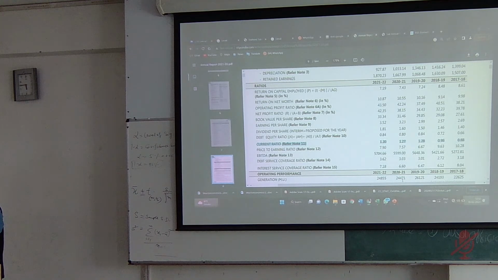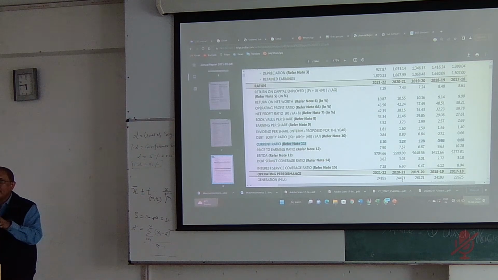Clear? Now the question is, we will again look at whether 1.2 or 1.27, 1.28, a higher current ratio, is good or bad.